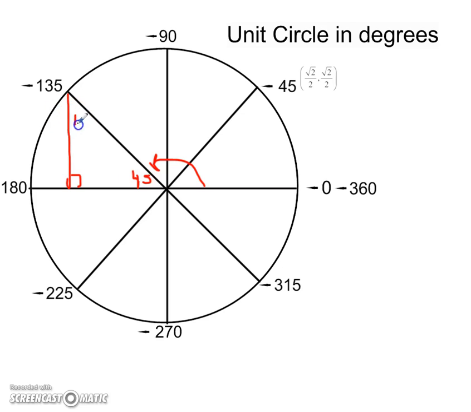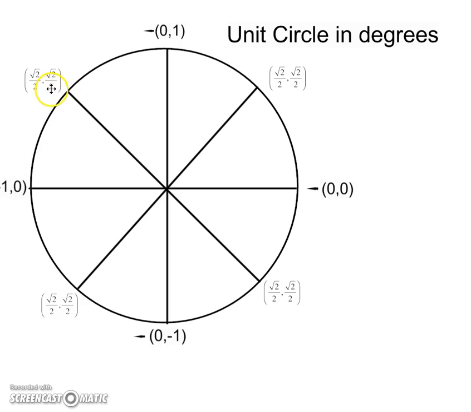Which means, again, I have a 45, 45, 90, and it is exactly the same as the triangle on the other side. Except that instead of being the square root of 2 over 2, this is in the negative direction. The radius is still 1. This is negative root 2 over 2. This is still positive in the y direction going up. So my coordinates look something like this.